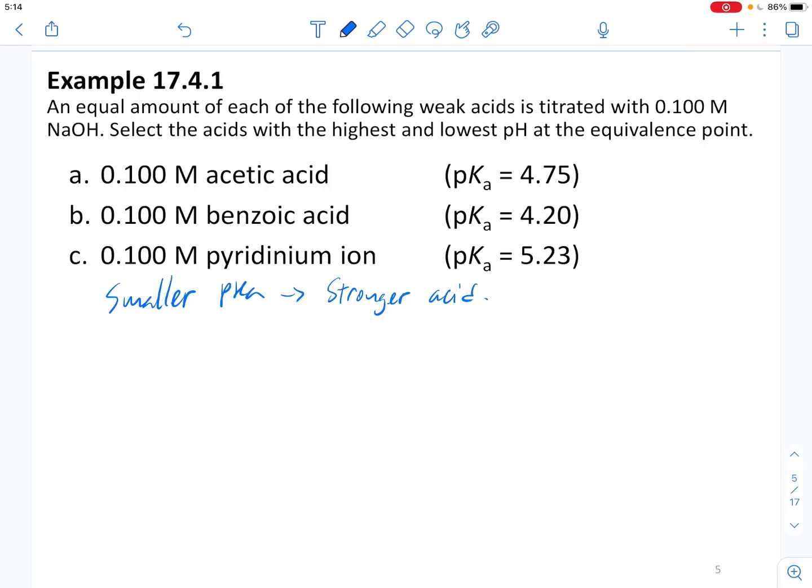Here we have the smallest is 4.20. That means that's the stronger acid. This is weaker and this is the weakest.